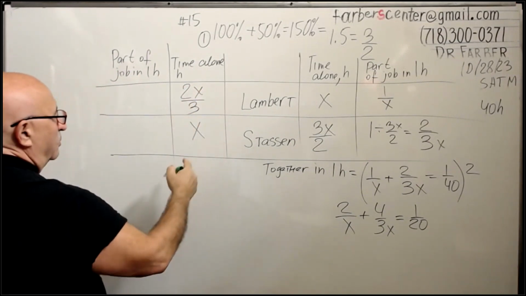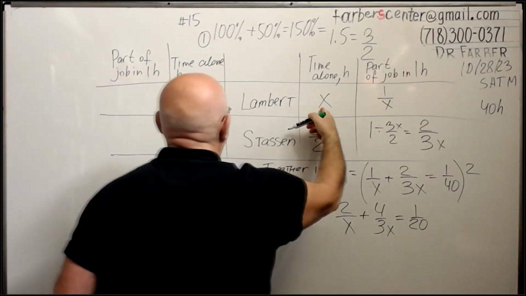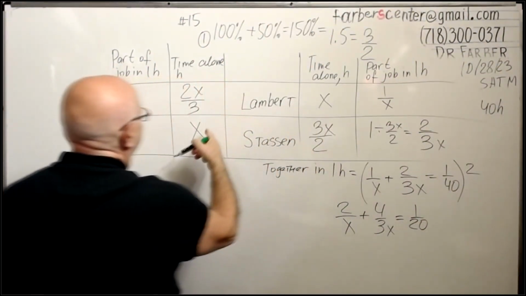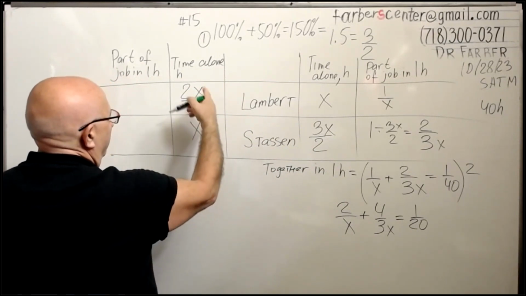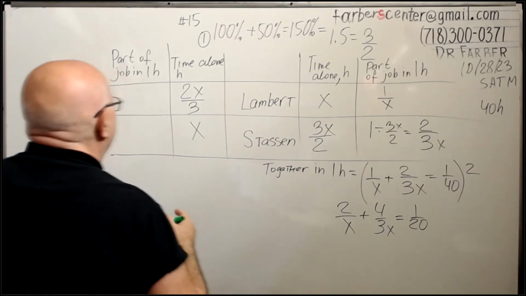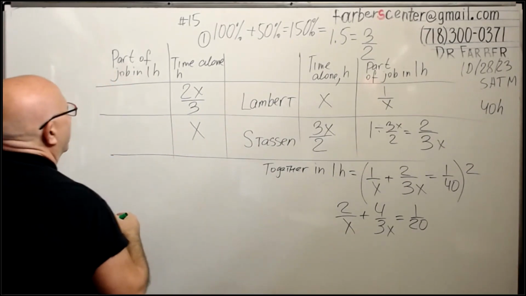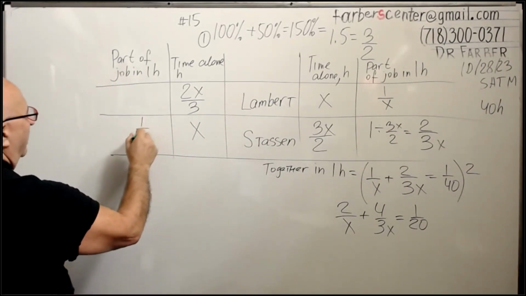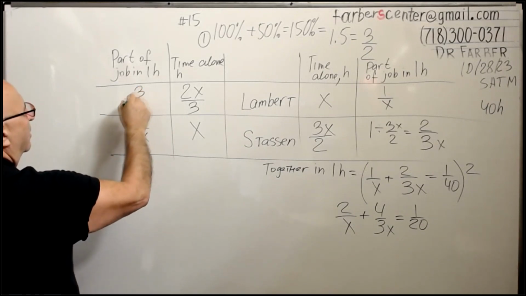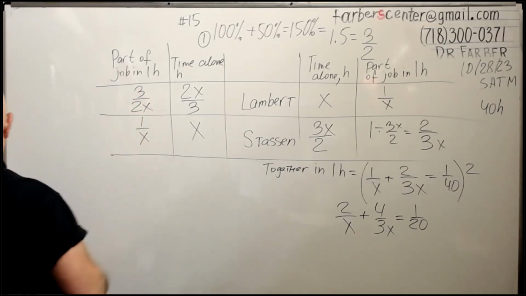It depends what you choose, either this x or this x. This is faster, this is slower. Slower, it's coefficient 1, and this is less than 1, faster. Well, let's do the reciprocal. Part of job in 1 hour is 1 over x, and this upside down, 3 over 2x. So far, so good.